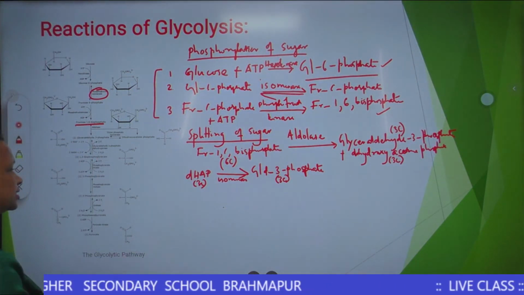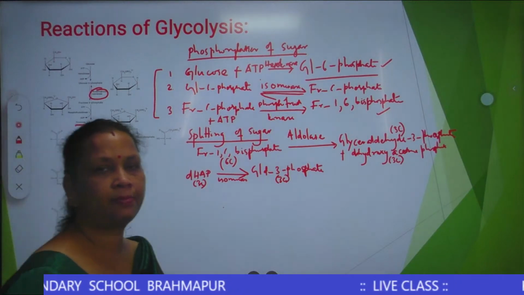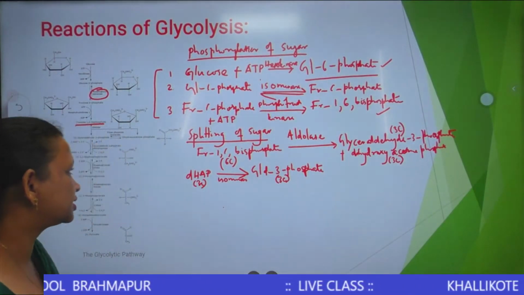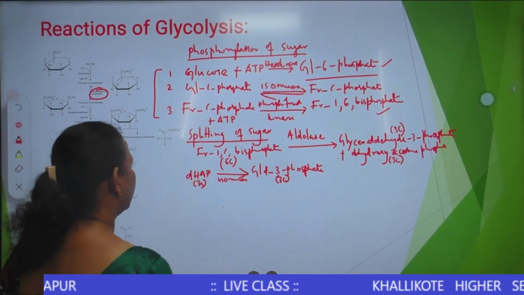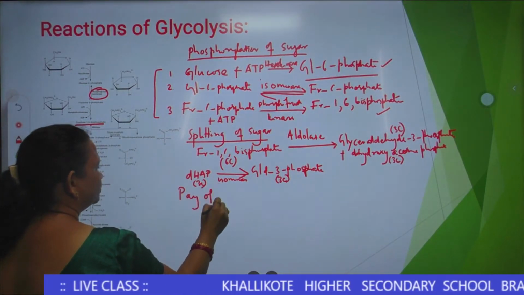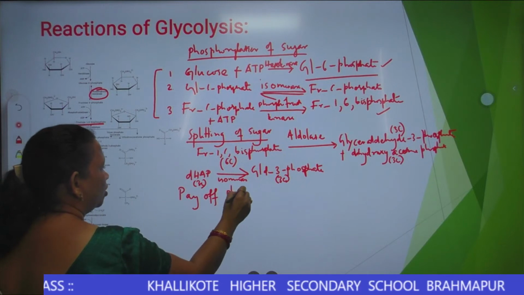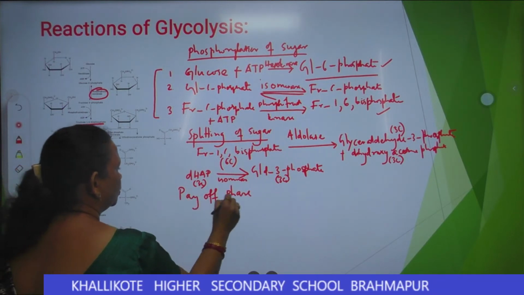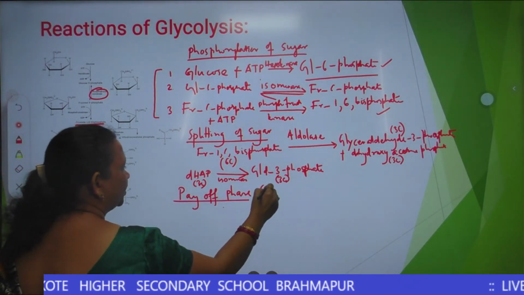So in the next steps we will go for the payoff phase. So this is the splitting of sugar part, then the payoff phase, or production of pyruvate.